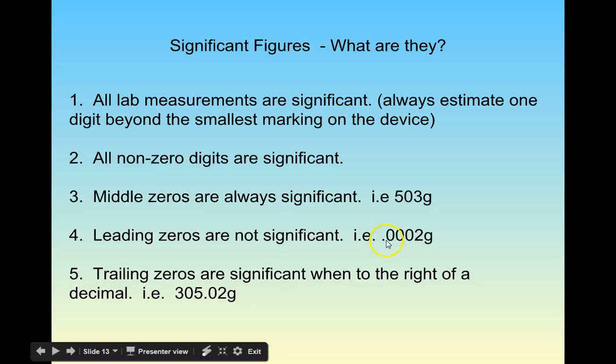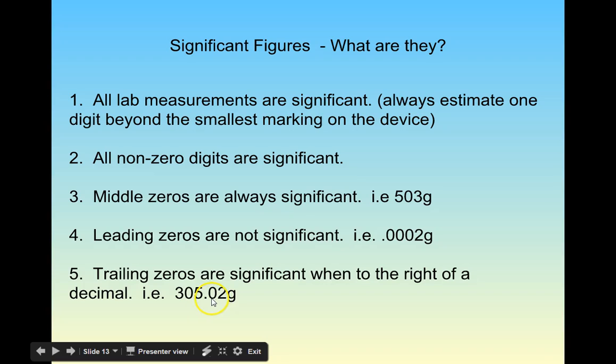So we measured something with a balance and we ended up finding the mass was 0.0002 grams. These zeros are not significant, they are just placeholders, so we know that there's only one significant digit in this answer.